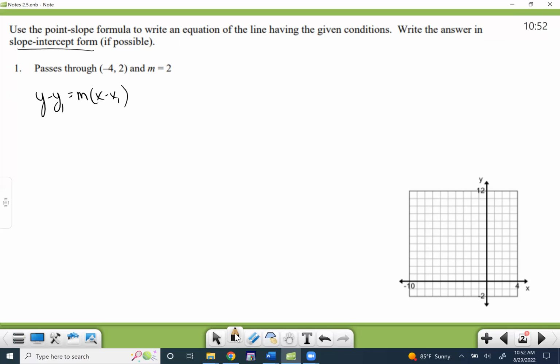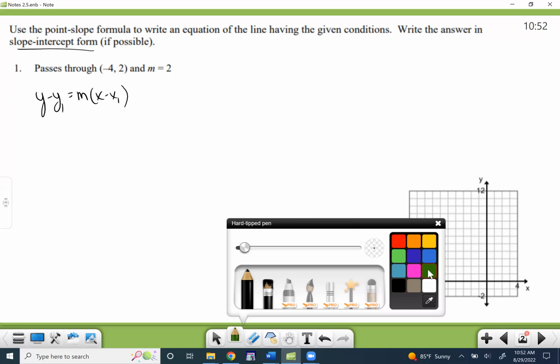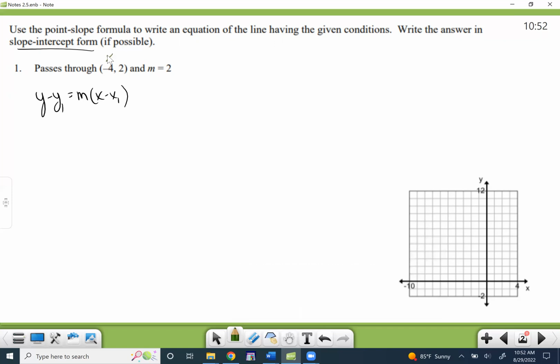Okay, so let's go ahead and use this. This is going to be my x1 and my y1, and the slope is, of course, our m. We're going to substitute these into this equation. Y will just stay y. You're not ever going to substitute anything into that, okay? So we're going to put the 2 for y1.